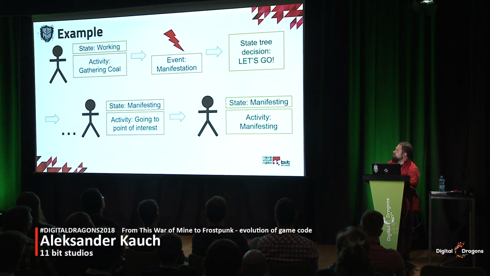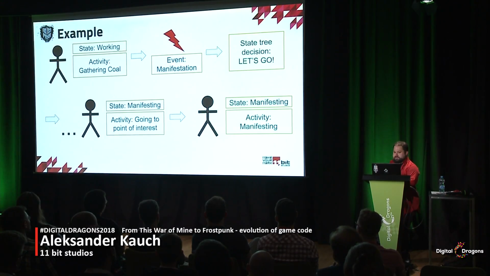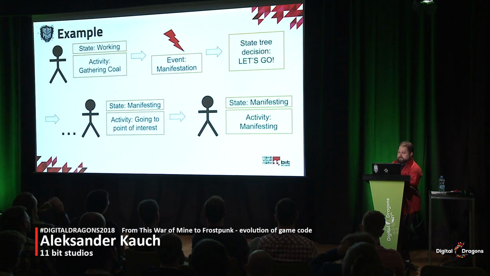So all in all, we've got the state working at first. The agent is gathering coal. His activity is gathering coal, so he has an animation of digging. Then an event occurs, a manifestation event. The state tree decides, I want to go for that manifestation.